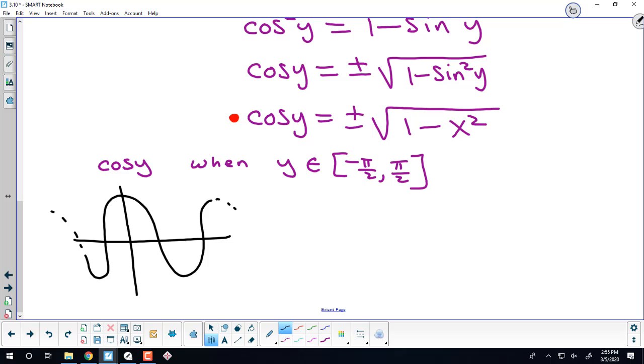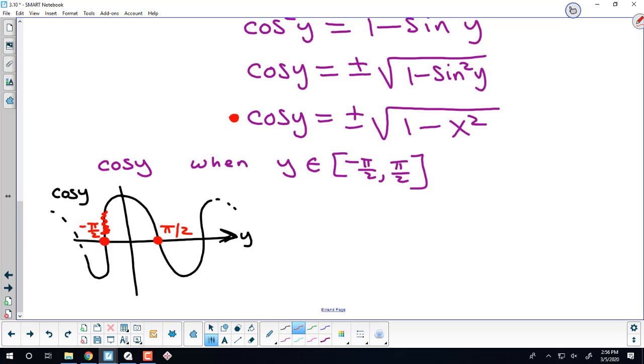There's cosine of y, cosine of our input. But we know our input's from negative pi over 2 to positive pi over 2. What do we know about cosine? It's always positive, right?